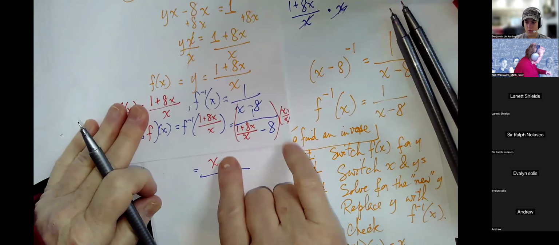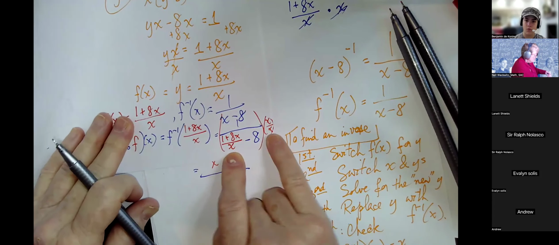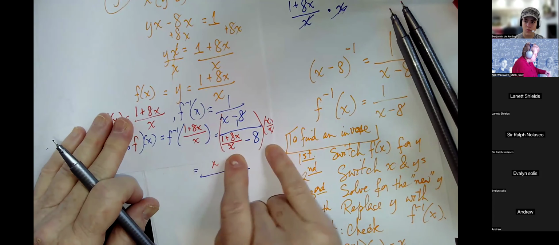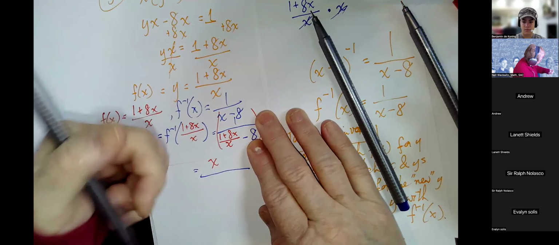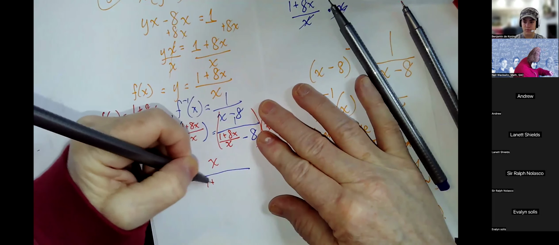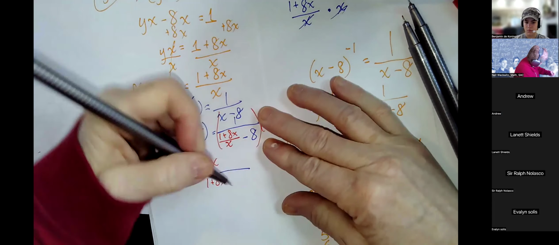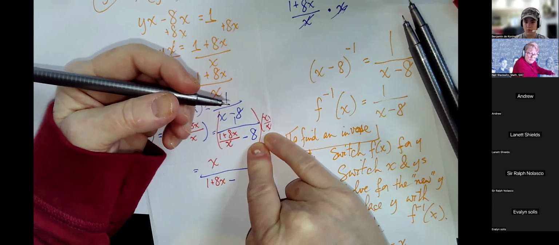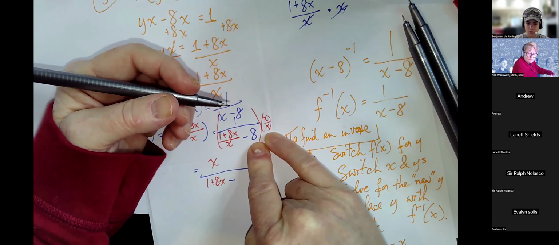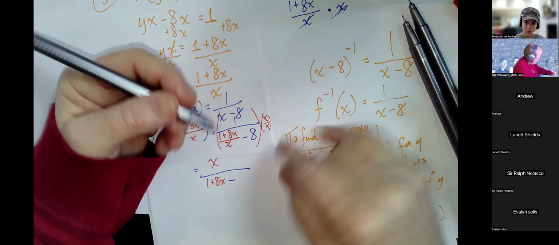So now, because we've multiplied x times this fraction, we just have 1 plus 8x, and then we've got minus, and what is 8 times x? 8x. Good.